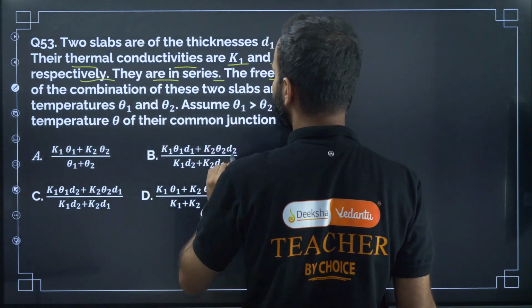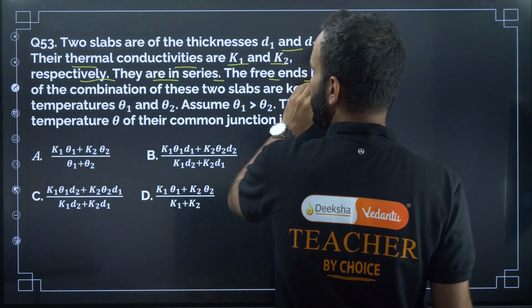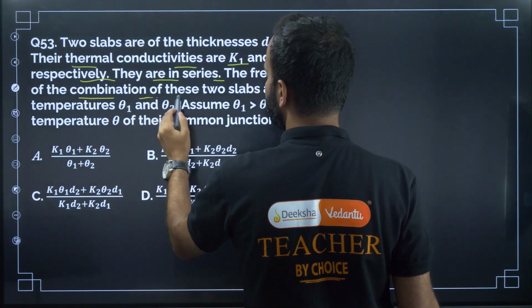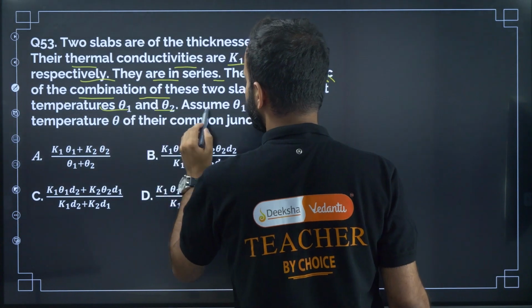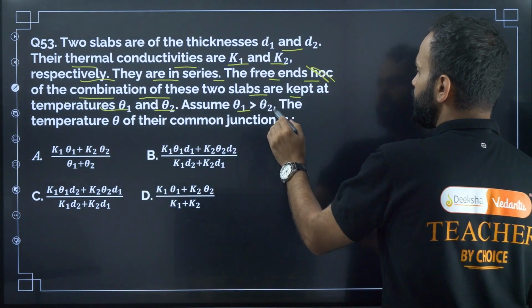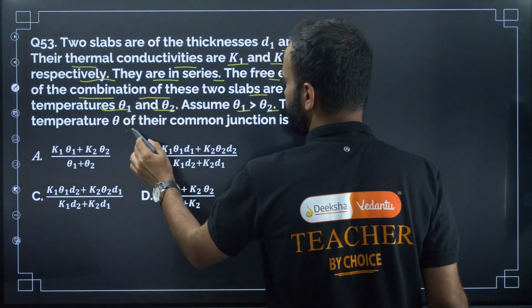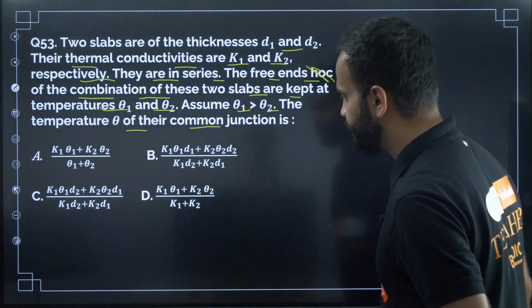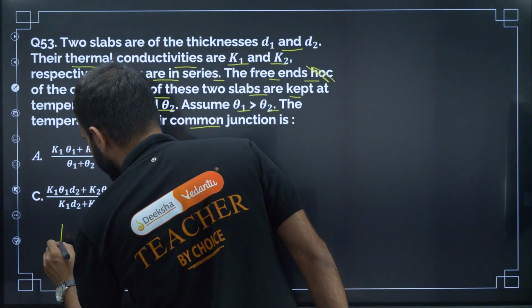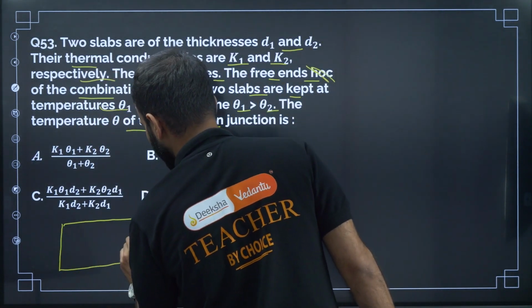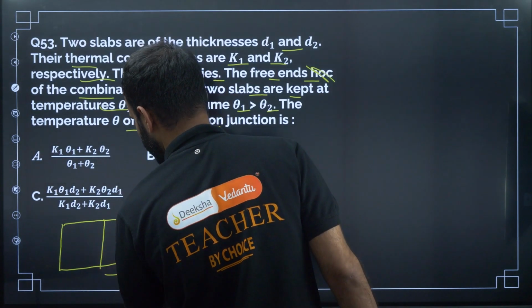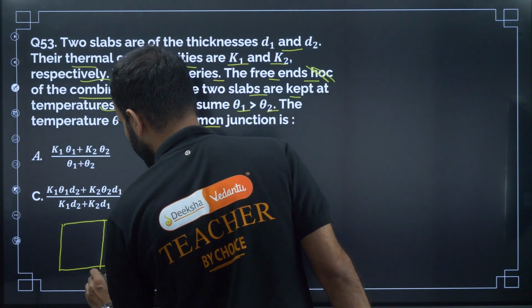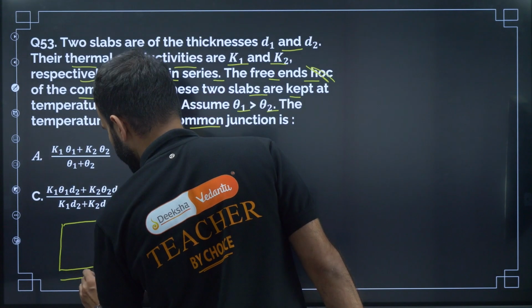The free ends of the combination of these two slabs are kept at temperatures theta 1 and theta 2. Assume theta 1 is greater than theta 2. The temperature theta of their common junction is? Let us draw the diagram. This is the slab, with thicknesses D1 and D2.